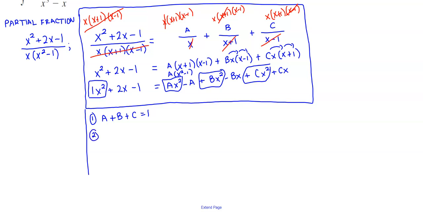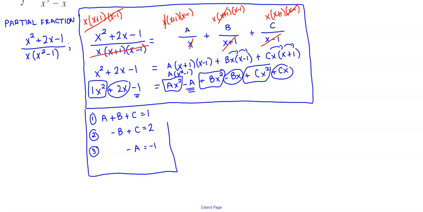So we're looking at the coefficients of x. So here we know that this side is 2. The coefficient here is negative 1B, and this one is plus C. So we have negative B plus C, which is equal to 2. And the third one, we have negative A, which is equal to negative 1.